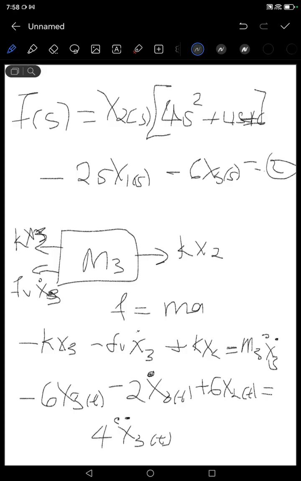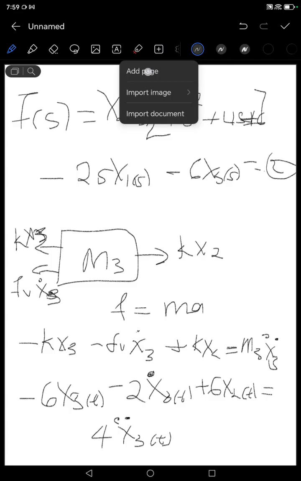Okay, and now from here we can introduce the Laplace. So it's going to be negative 6 X3(s) minus 2s X3(s) plus 6 X2(s) equals 4 s squared X3(s).